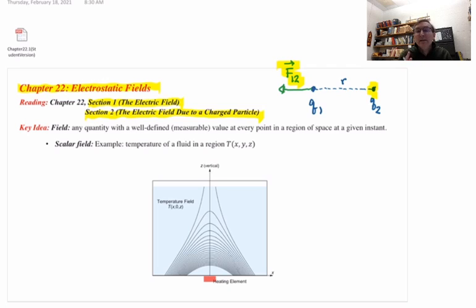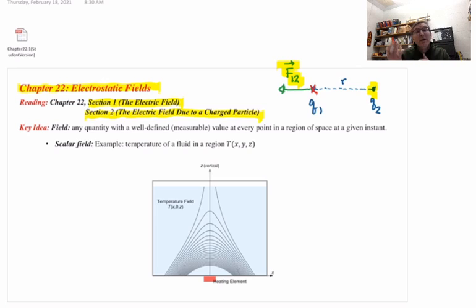That's all that has to be. It has to have some amount of charge. Then it creates an electrostatic field in all of space around it, including at the location where particle 1 happens to be sitting. In other words, particle 1 is immersed in the electrostatic field created by particle 2. And it is this electrostatic field created by particle 2 that ends up exerting the electrostatic force on particle 1.